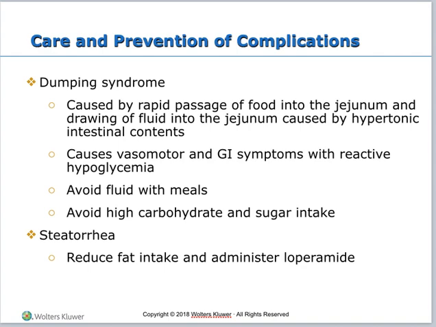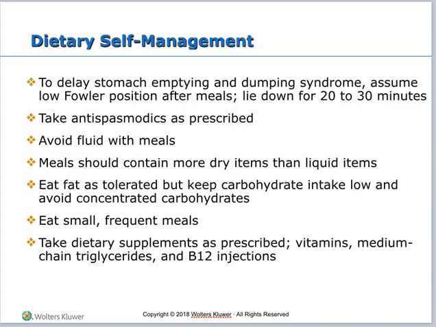They may feel sweaty, like their pulse is racing, like they're going to pass out. Other things that we can do is avoid high carbohydrate and high sugar foods and avoid drinking with your meals. If they do have fatty stools, steatorrhea, reduce their fat intake, and loperamide can help with that.